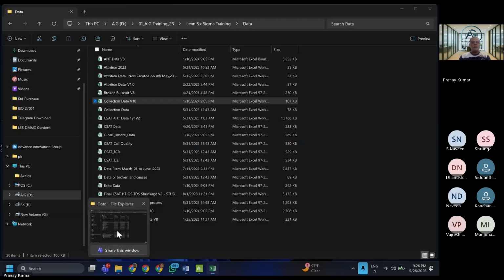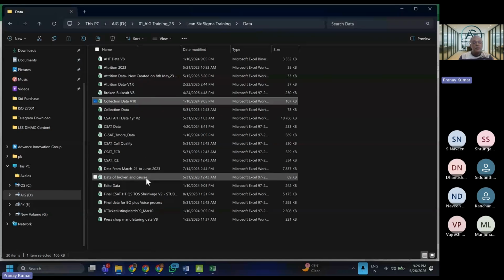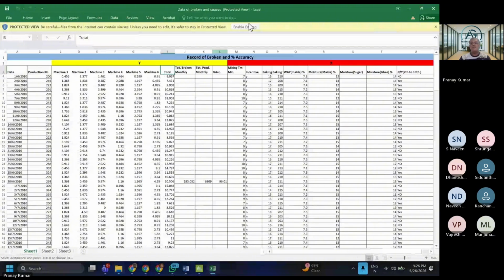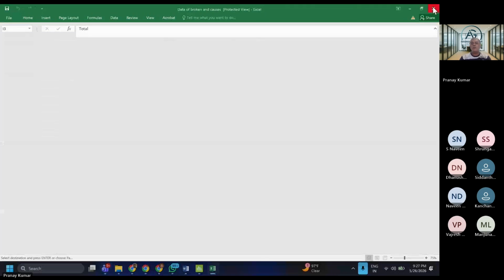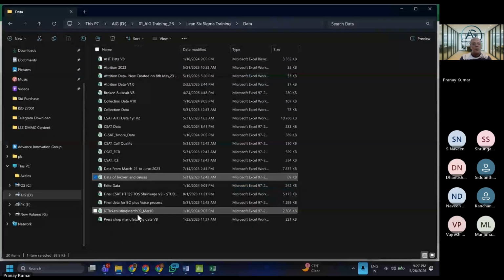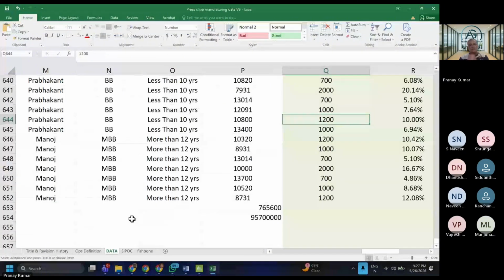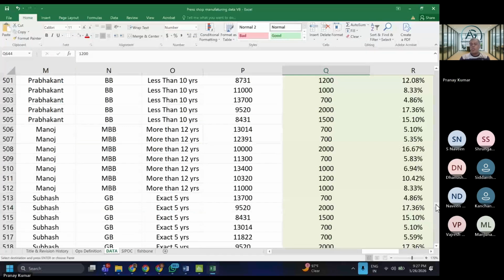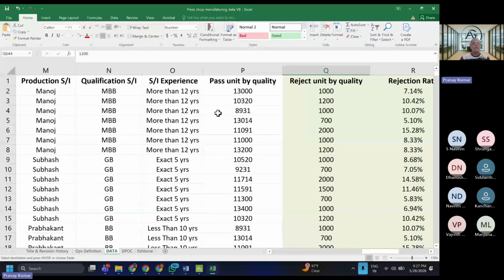Similarly, let's pick up this data for cycle time. My project Y is cycle time.